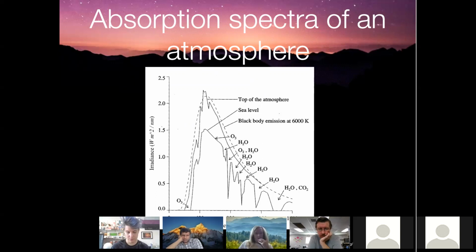Because we can do some quick quantum mechanical calculations, we can figure out what molecules are present in the Earth's atmosphere because we know what wavelengths they will absorb. And so we can see the water lines, for example, the oxygen lines, the ozone lines. And this is really, really powerful.